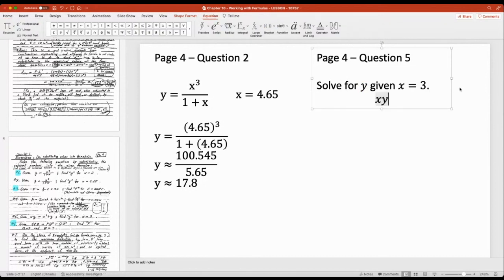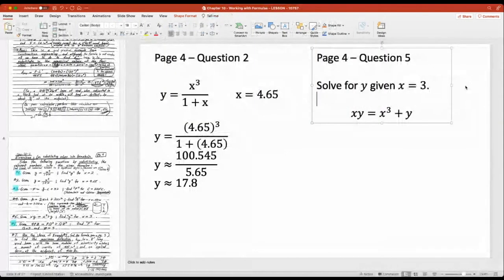We're just practicing using formulas here. So there's the question. It's solve for y given that x equals 3. I've just rephrased the question a little bit more compact. Oh, that's okay, Matthew. You are just fine, my friend. Don't worry. We haven't done too much.